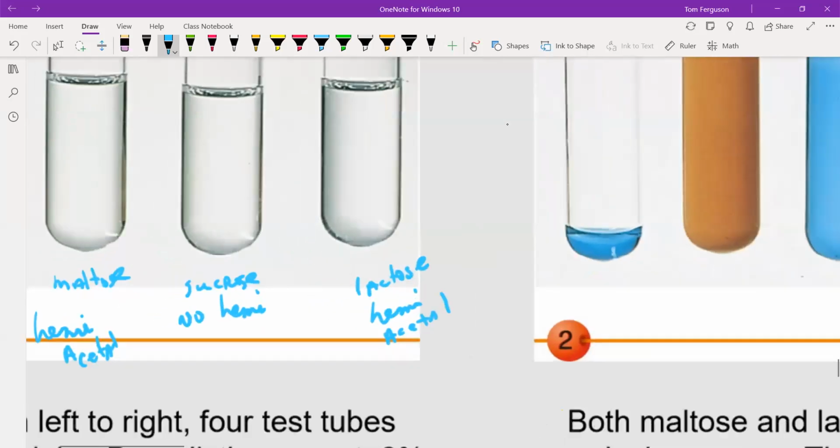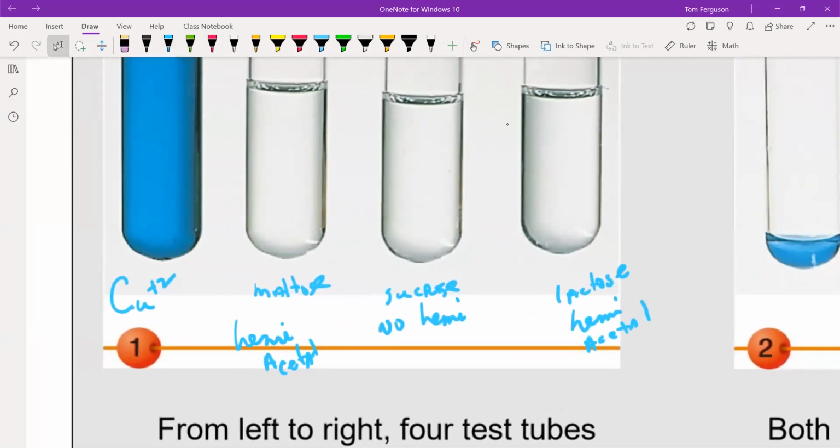We have maltose, which, if you remember, the right-hand glucose is a hemiacetal. Sucrose, composed of glucose and fructose, have only acetals and ketals, so there's no hemiacetal present. And then we have lactose, which is galactose and glucose. And the glucose on the right side has a hemiacetal present.